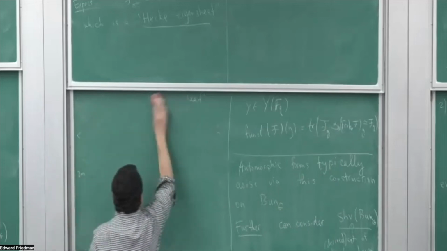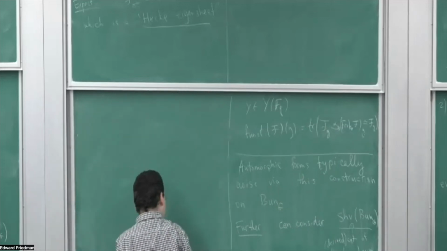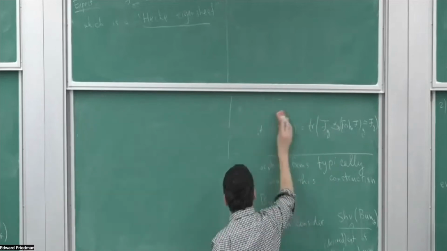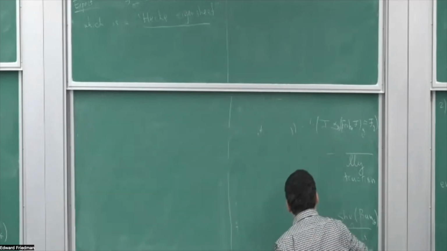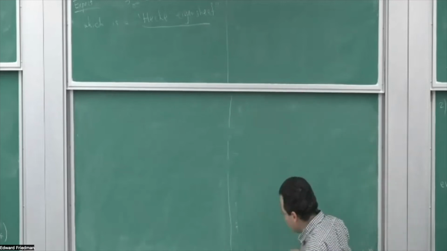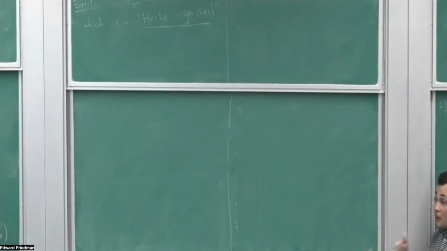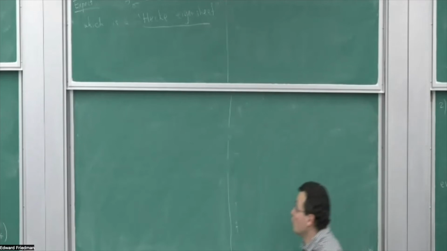So now what we can do is consider the full subcategory here, with exactly this local constancy. Really, an insight here is that the key feature of Hecke eigensheaves is this local constancy with respect to the action of the Hecke operators.